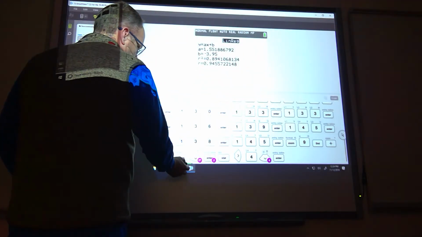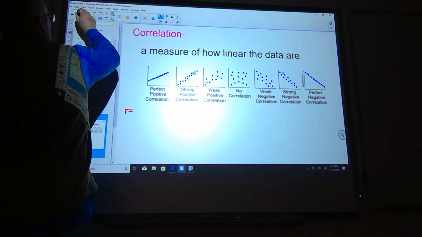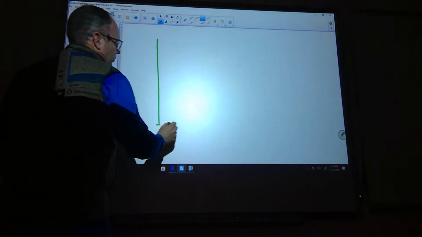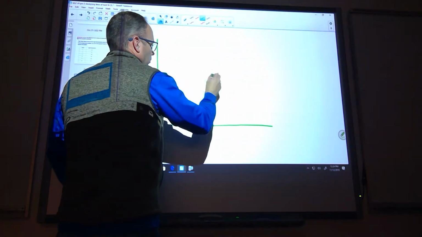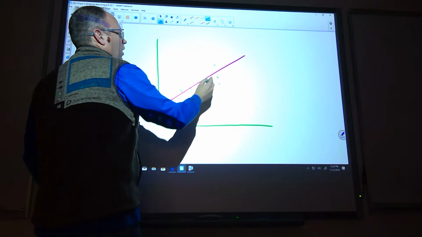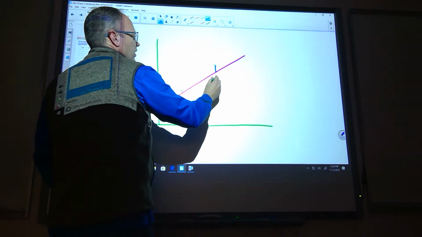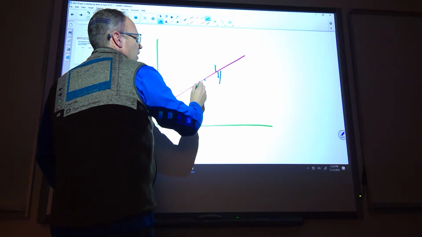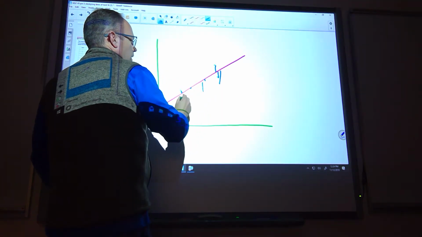Okay, Oliver, actually how it works is this. So I'm going to take a side note real quick. So this is what the r value is. It's this distance plus this distance plus this distance, and so on.